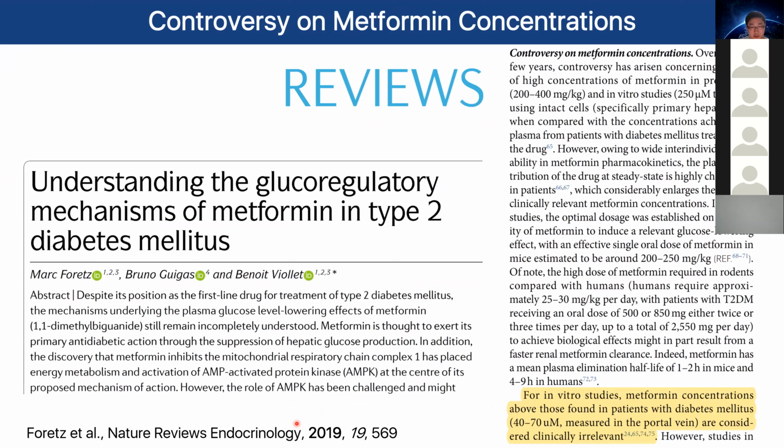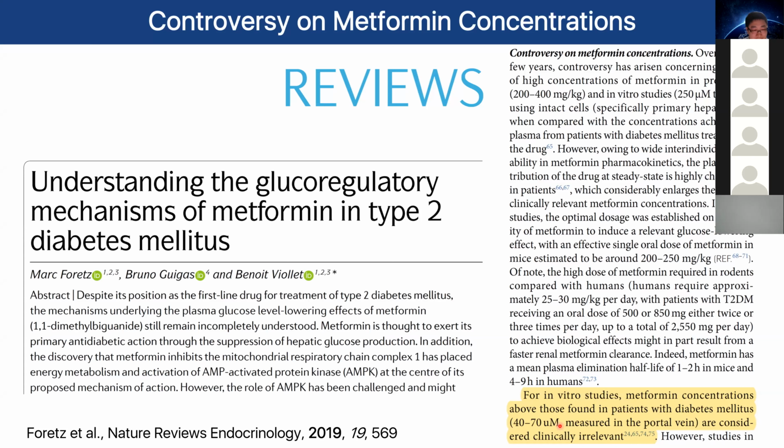Actually, there's a very good recent review that talks about the controversy on metformin concentrations. For in vitro studies, they believe the physiologically relevant concentration of metformin is 40 to 70 micromolar. That means, right, in the previous study, when they used like 10 millimolar or 20 millimolar, that's not relevant at all. No matter what kind of effect you see, that's not physiologically relevant.